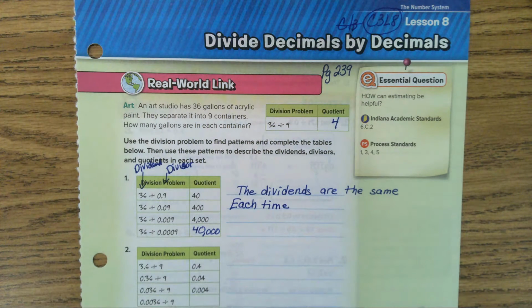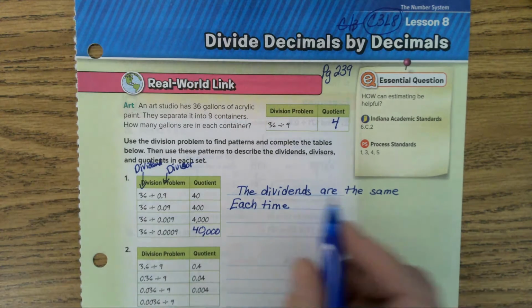Each time the decimal point of the divisor moves one place to the left, and the decimal point of the quotient moves one place to the right. It's a lot to write here, but let's get this written down.